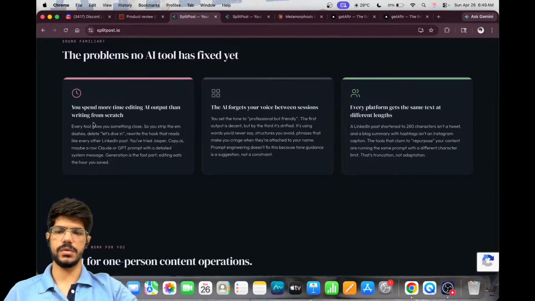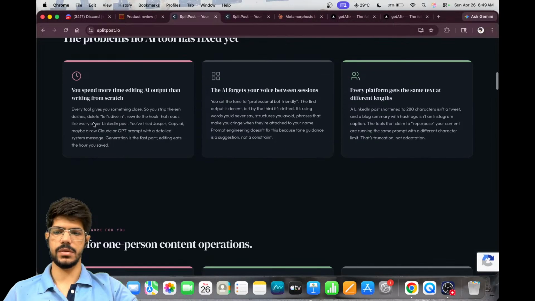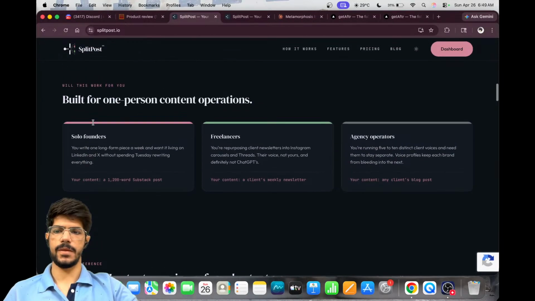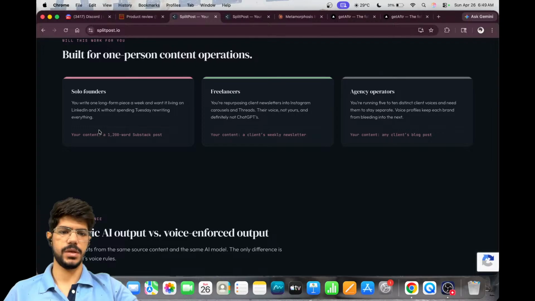Right output. You spend more time editing an output than writing from scratch. Oh, is it? An agency operator. Okay, you're running 5 to 10 distinct client voices and need them to pay separate. Hmm.